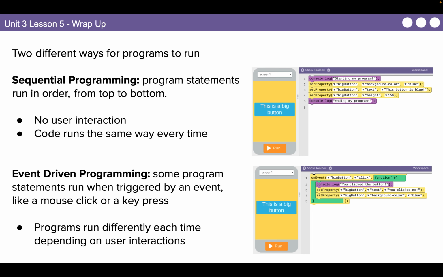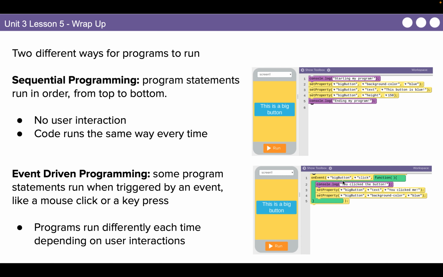But if there are any on events in your code, then all the stuff that's not in an on event will run from top to bottom, but the things that are in an on event will only happen when they're triggered by the specified event. In this case, it's clicking the big button.